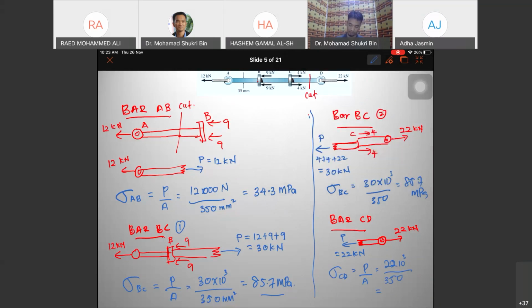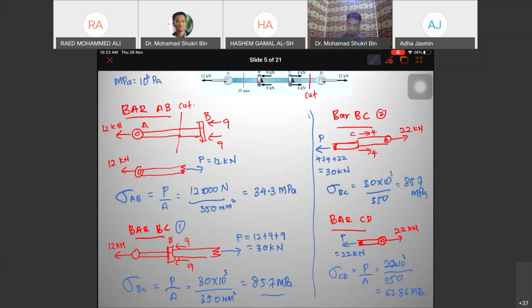So you get the answer 22 E3 over 350, 62.86 megapascal. So remember, megapascal is basically 10 to the power 6 Pascal.